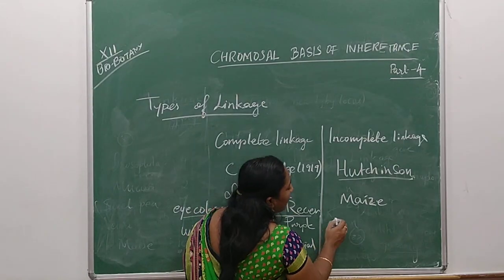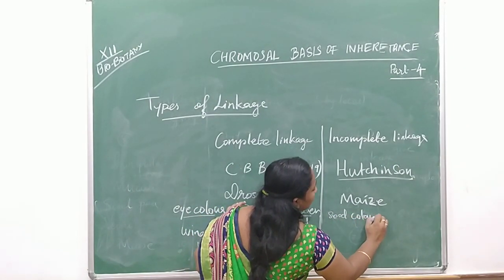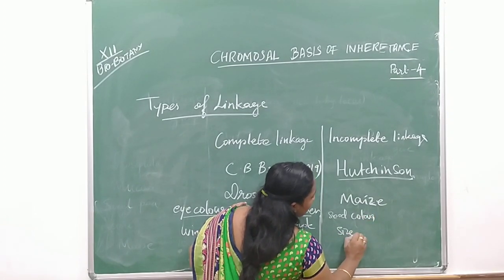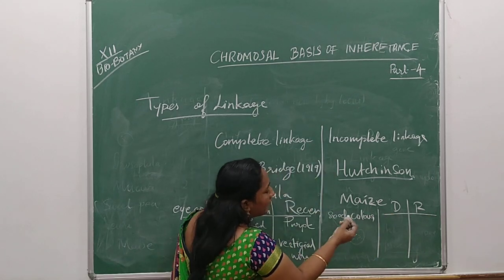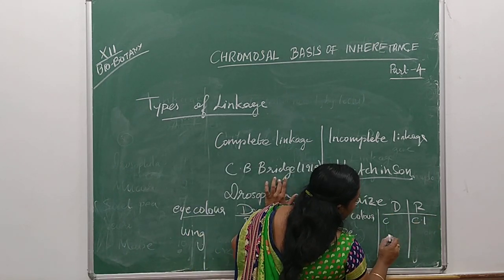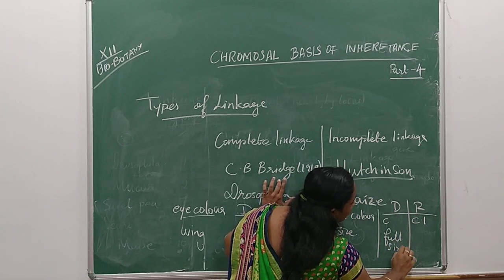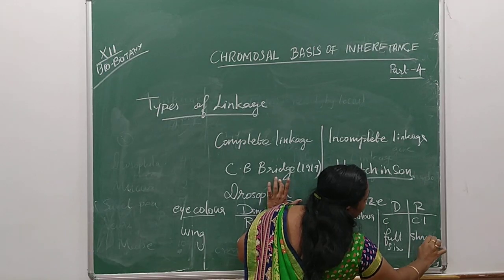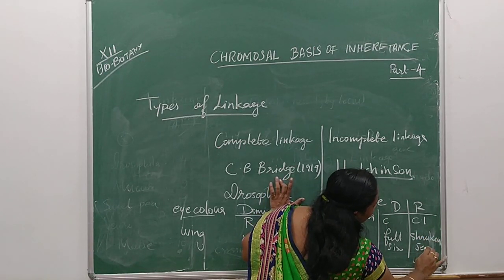And in maize, they have taken seed color and size. So what is dominant here and recessive? Seed color is colored, and here colorless. And seed size is full size, and here shrunken seed.